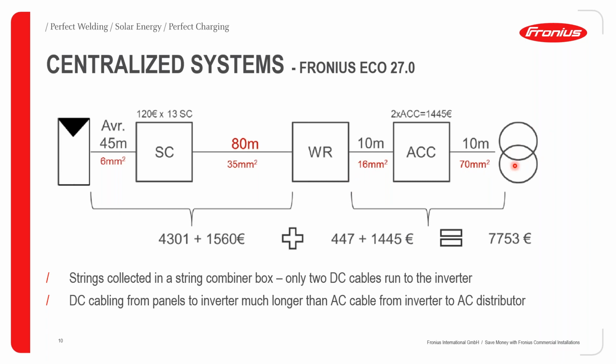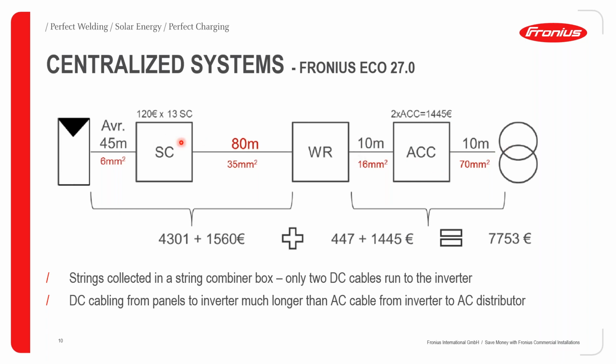So in this particular example, we can see that the DC cabling from the panels to the inverter is running a much longer distance of 45 meters plus 80 meters in comparison to the AC side of the cabling, which is running only approximately 20 meters from the inverter to the feeding point.